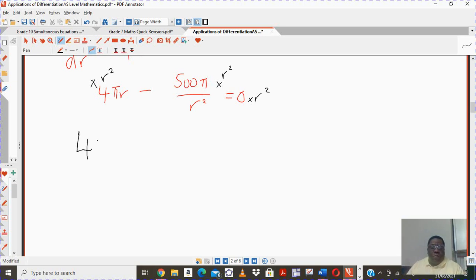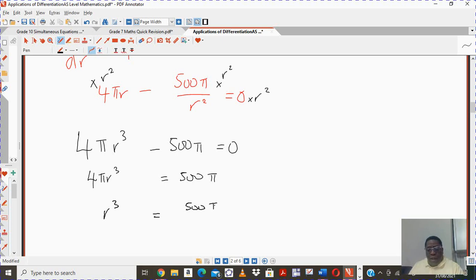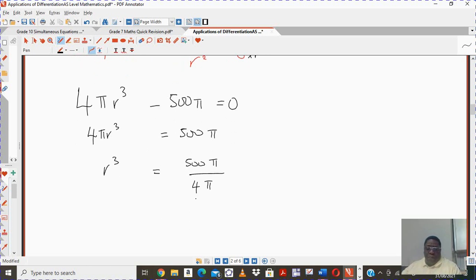So this leaves me with 4 pi r cubed minus 500 pi, because the r squareds cancel, equals 0. So 4 pi r cubed is equal to 500 pi. Then r cubed is equal to 500 pi over 4 pi. That is making that the subject of the formula.